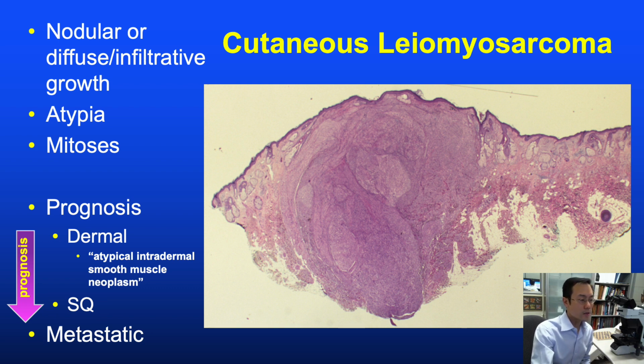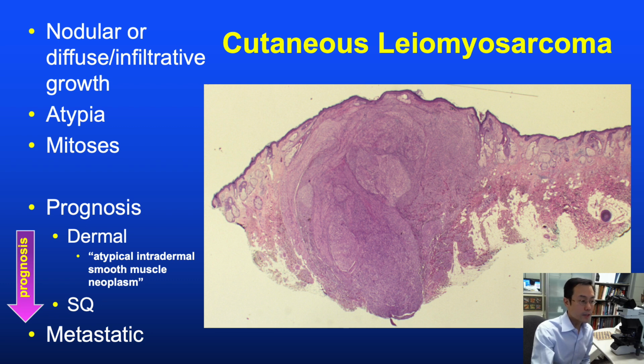So the smaller superficial lesions that are limited to the dermis, even cytologically and immunophenotypically identical to the bigger, deeper, nastier ones, exhibit essentially benign behavior after complete excision, so much so that some have proposed that they not even be called sarcomas. Rather, the term atypical intradermal smooth muscle neoplasm has been proposed.